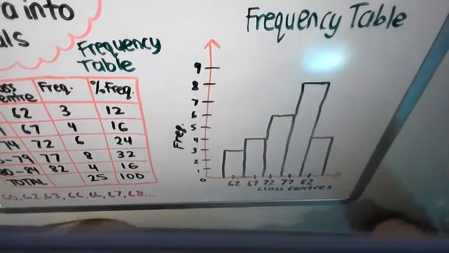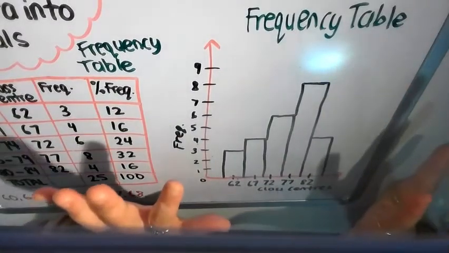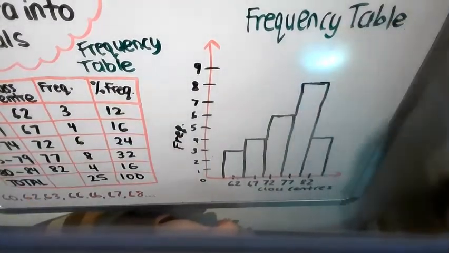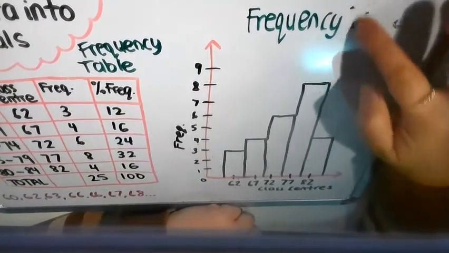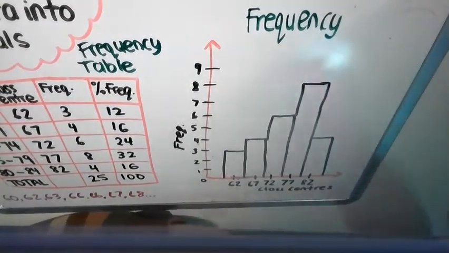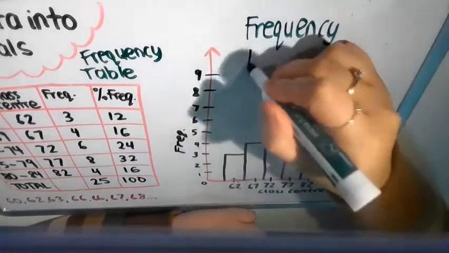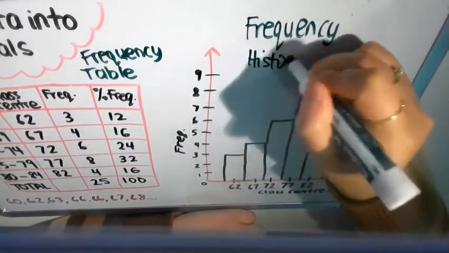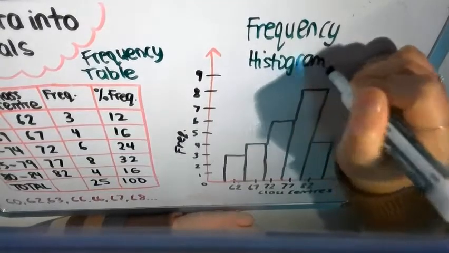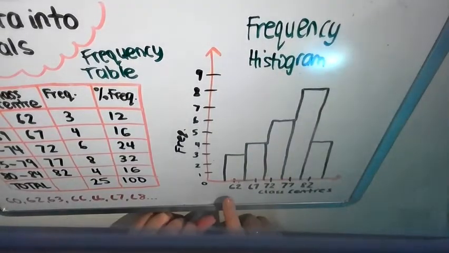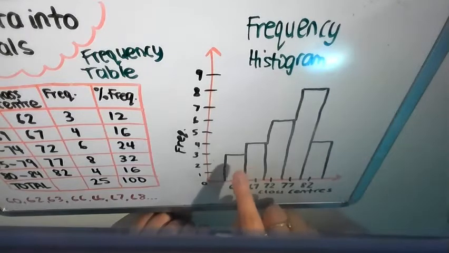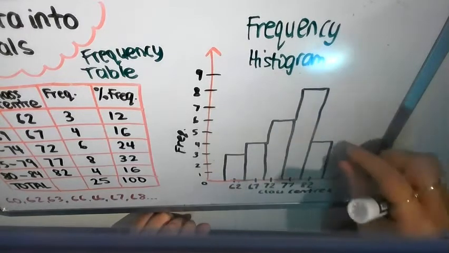And then when we display this data onto a frequency histogram, we would list all the scores below and then draw the columns according to how frequently they occur.